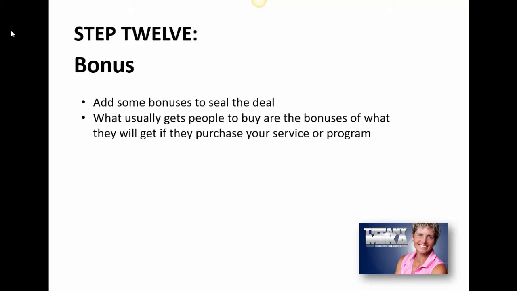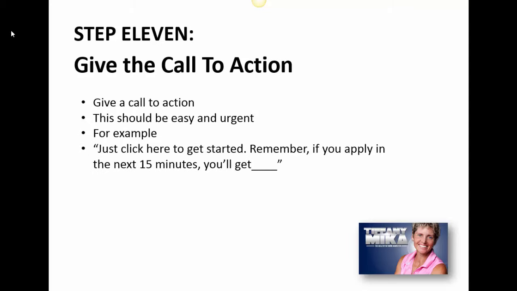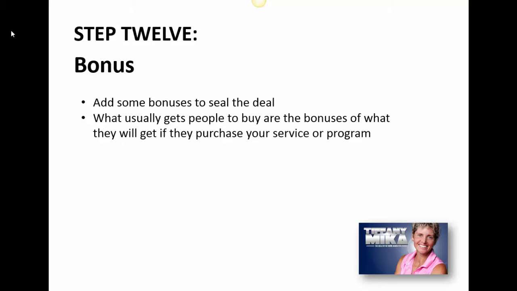Add some bonuses to seal the deal, because what usually gets people to buy is the bonuses they will get if they purchase your service or program. So you want the call to action, just click here to get started, and remember, if you apply in the next 15 minutes, you will get some added bonuses to seal the deal. It could be a 30-minute coaching call with you, whatever. But that's how you make it work.